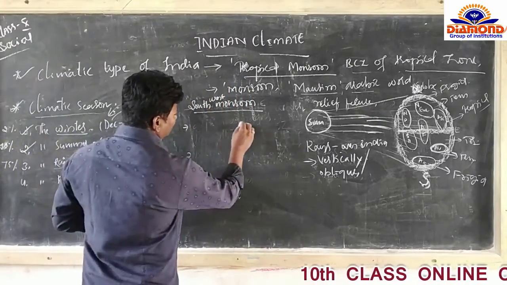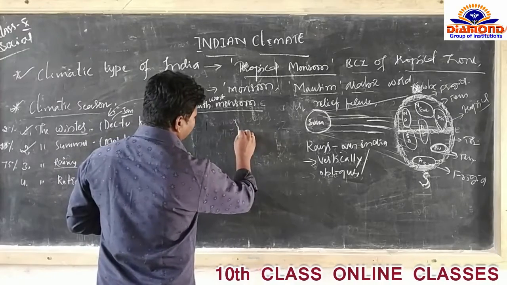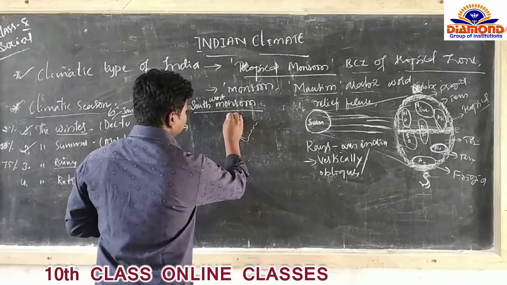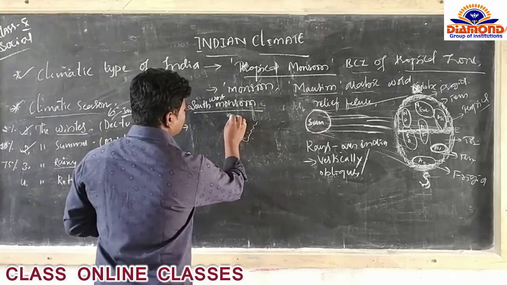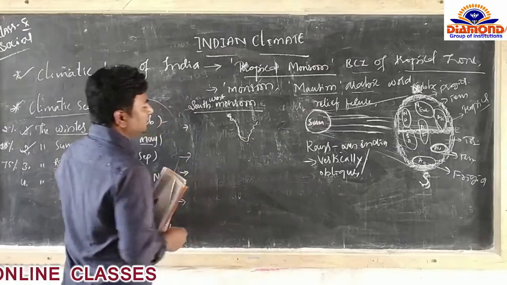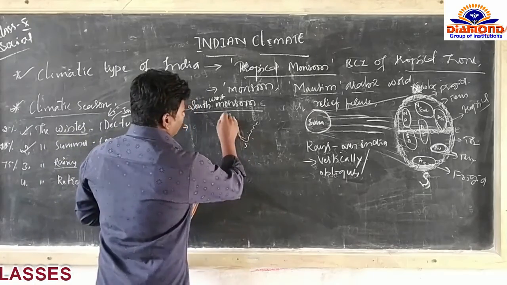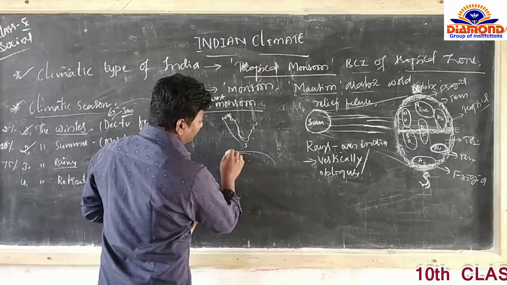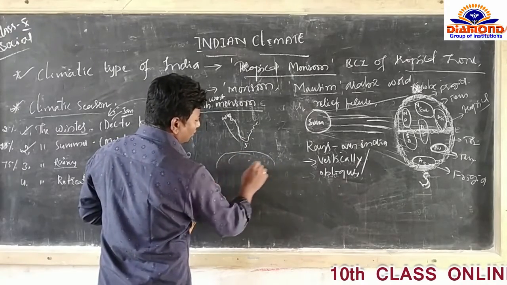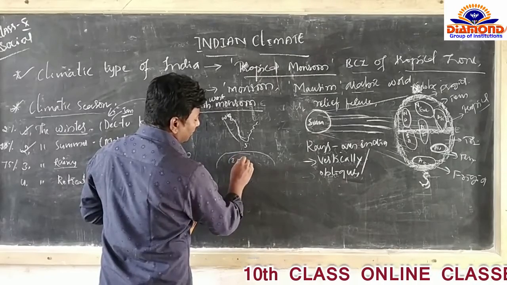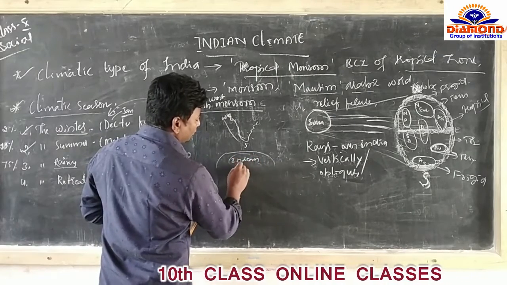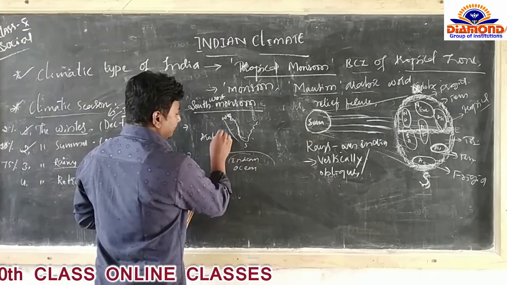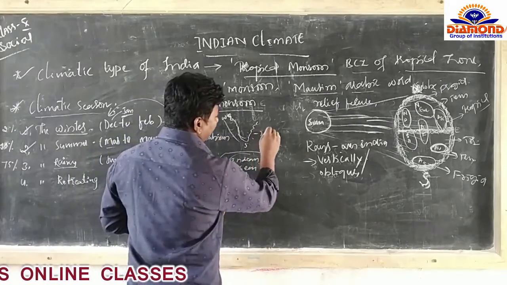The southwest monsoon, let me tell you, just take it as an example. This whole area is the Indian Ocean, the Arabian Sea, and the Bay of Bengal.